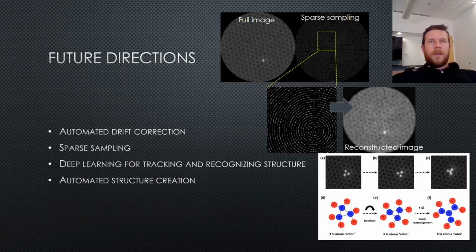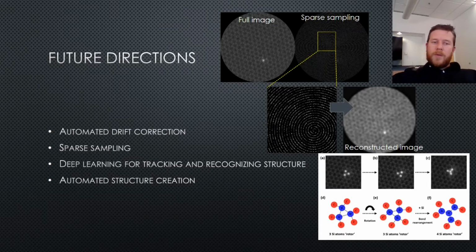So it would be handy if we had an electronic drift correction that would shift the scan area to compensate for drift, so that when you put the beam somewhere, it's hitting what you think it's hitting.